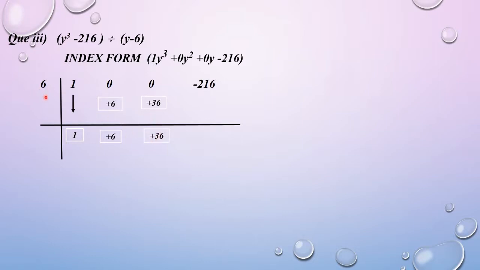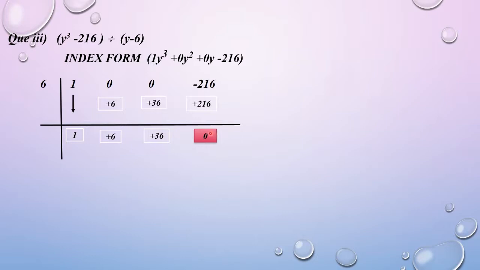Multiplying 6 and plus 36, we are getting plus 216. Adding minus 216 and plus 216, we are getting 0, which will be the remainder.